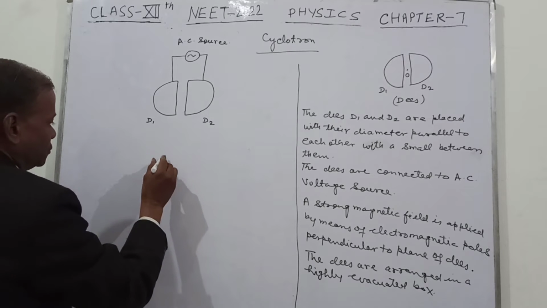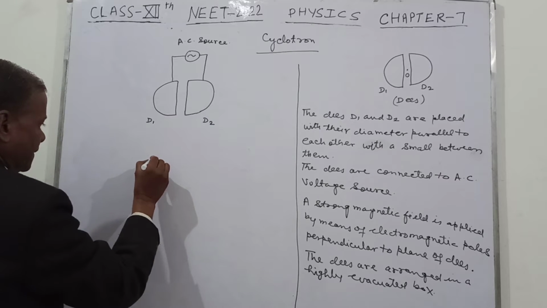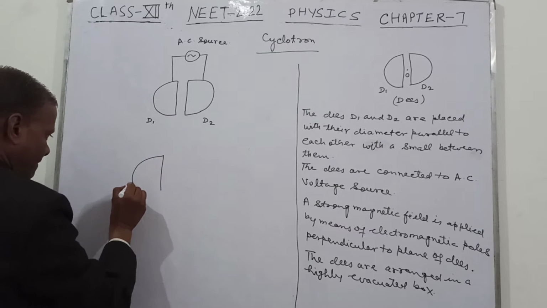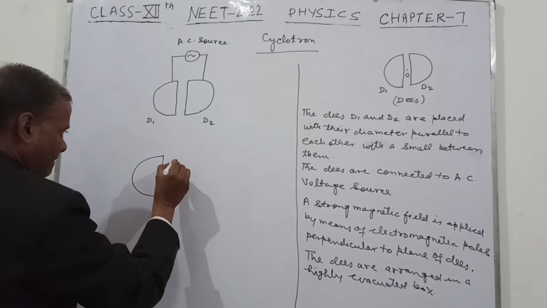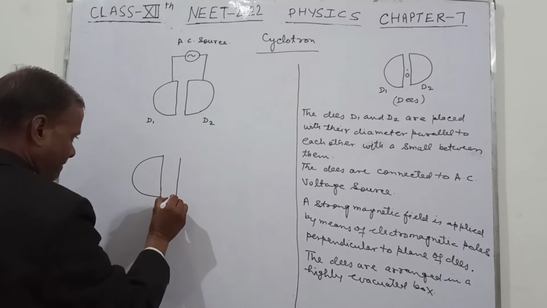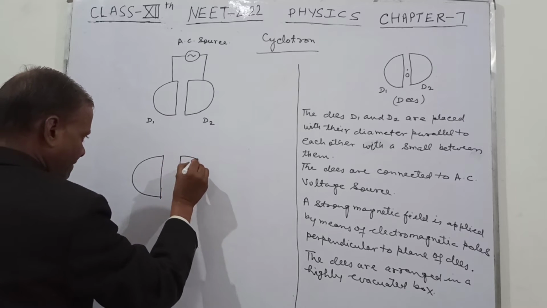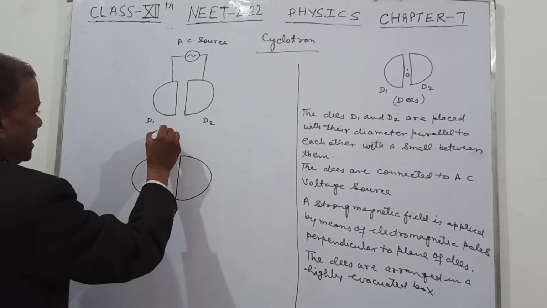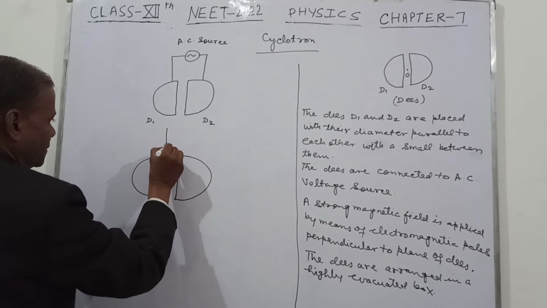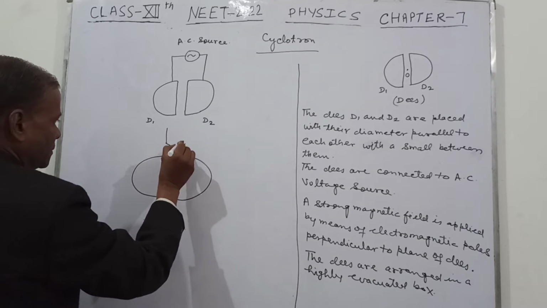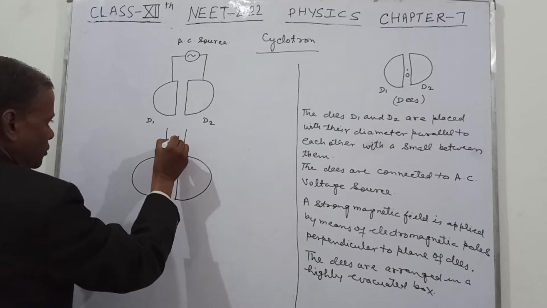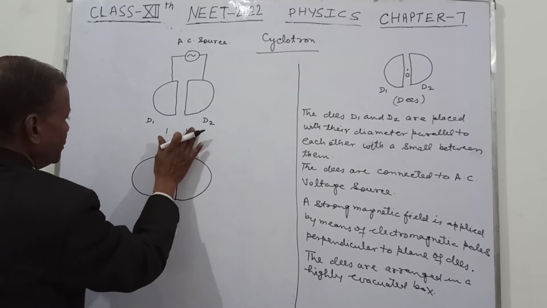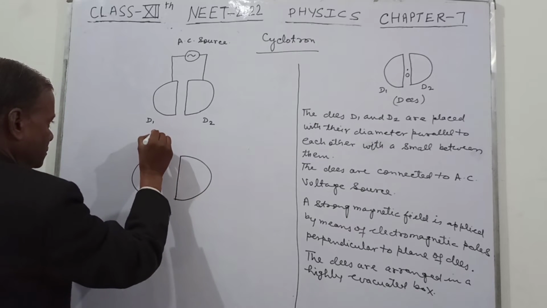And now we have the electromagnet to be applied here. This is now north pole and this is a big one.